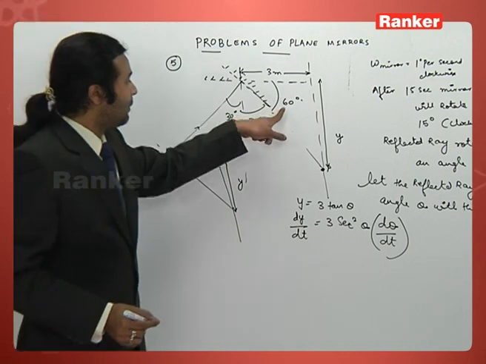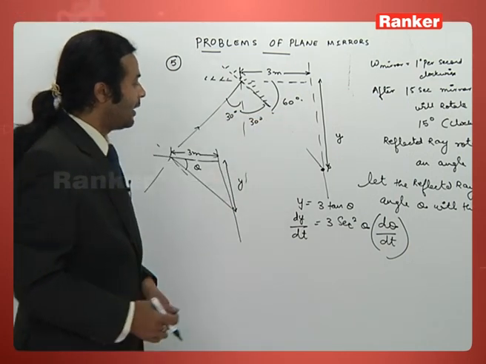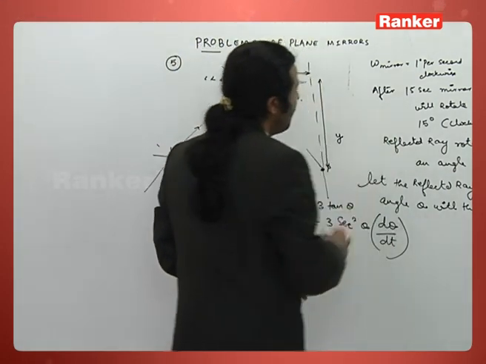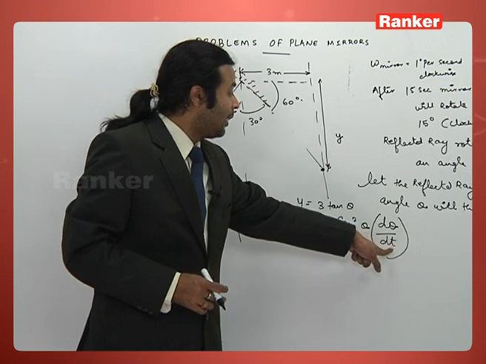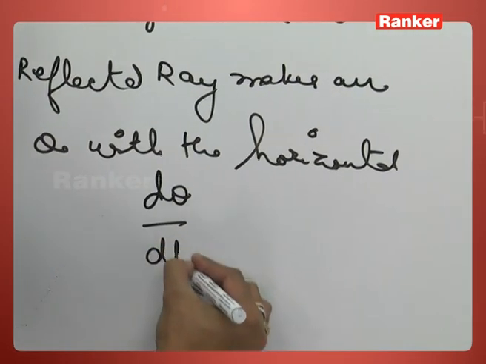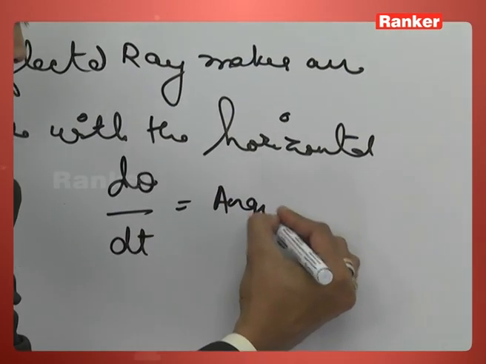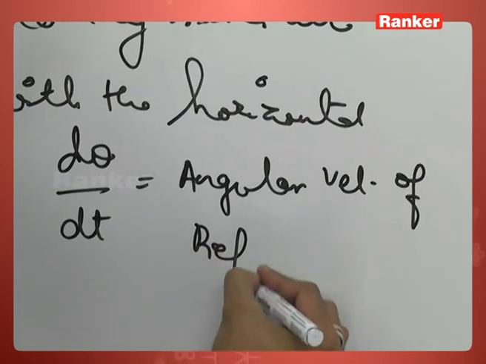We know finally it is making an angle of 60 degrees over here, and I have to find d theta by dt. We know d theta by dt is the angular velocity of the reflected ray. So I write here d theta by dt equal to angular velocity of reflected ray.